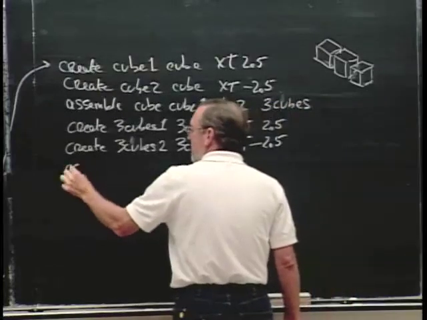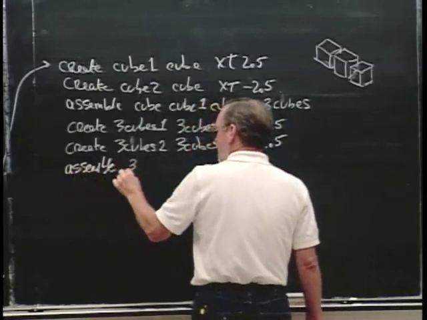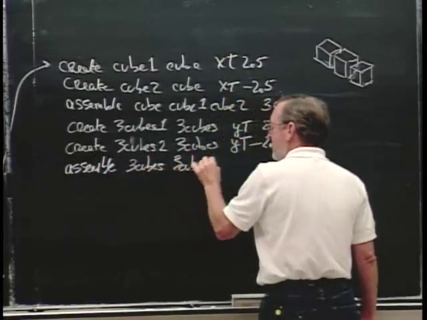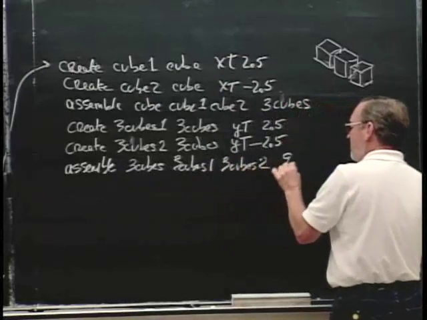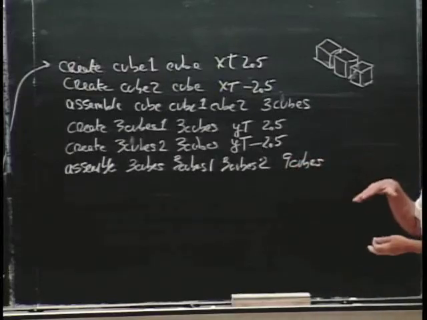And then I'm going to assemble 3 cubes 1, 3 cubes 2 into 9 cubes. Do I have to draw the picture of this one, or you got the idea?